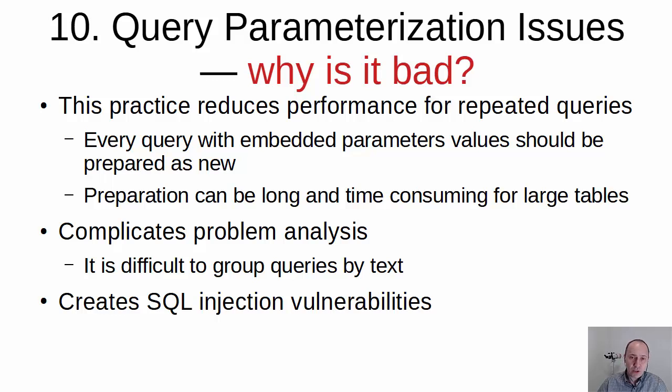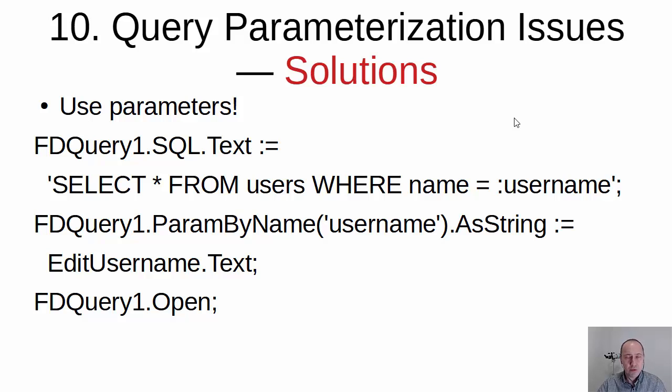To avoid it, we just need to use parameters like this. If we are using parameters, they will be strictly in the scope of the parameter, and it will not be possible to do SQL injection, and it will be faster in the case of multiple repetitive queries.